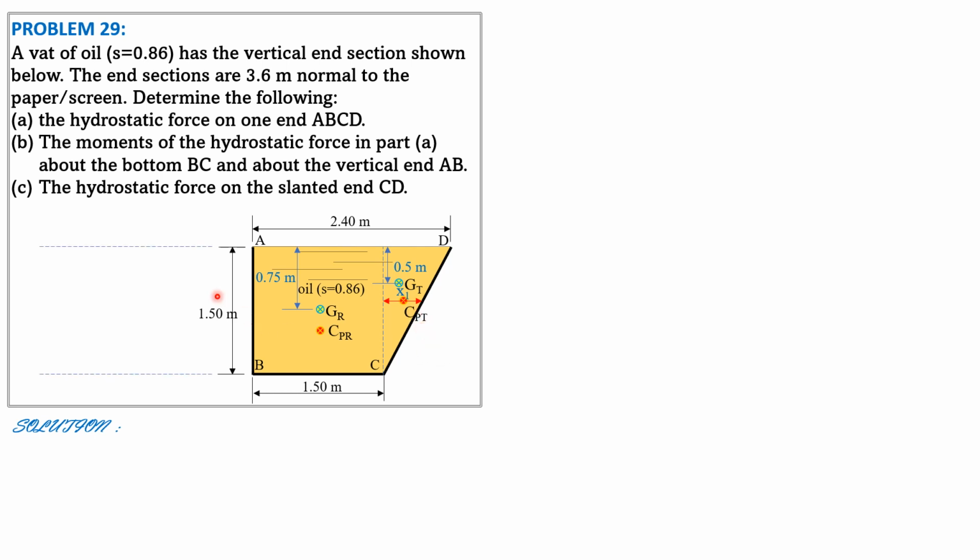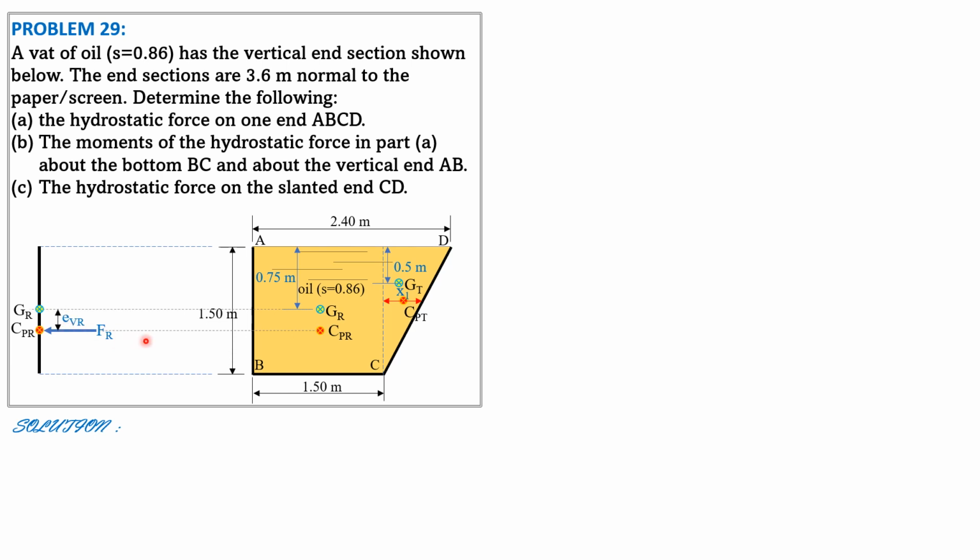So to have a picture of the end view, let us say this is the vertical end, which consists of rectangle and triangle. Let's transfer everything here. This is the centroid of the rectangular part, and this is the center of pressure of the rectangular part where F of rectangle acts.